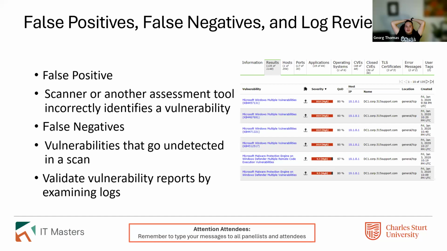With a false positive, you're saying we've got a problem when you really don't. A false negative is saying we don't have a problem when you really do, and I find that a lot worse. That's the concept of vulnerabilities that go undetected in the scan. So it's really important to review the scans, make sure there are no false negatives or false positives, and validate them.